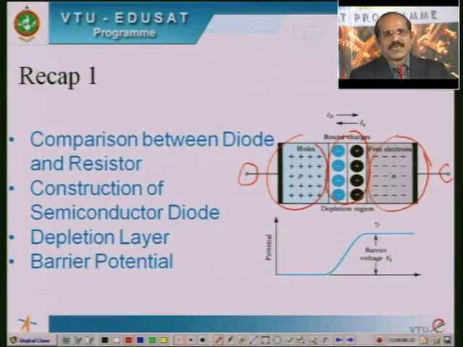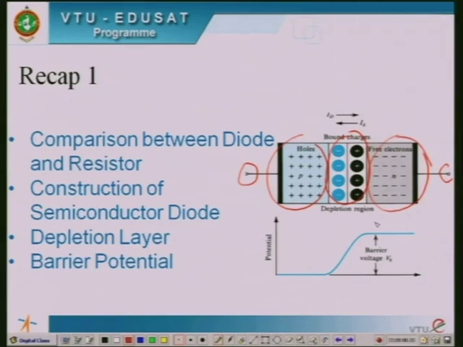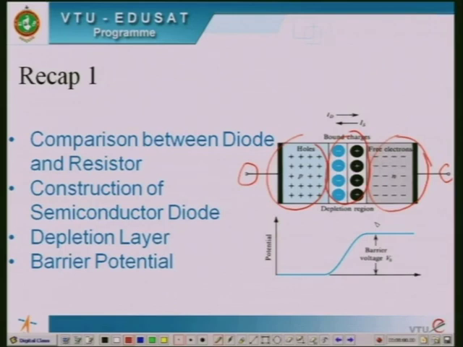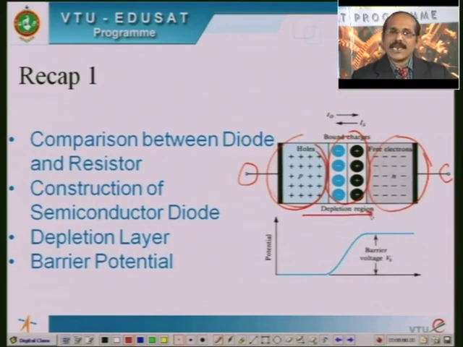We also discussed how the depletion layer is formed when there is no battery connection. Under no bias conditions, the holes will move from the P type to N type, whereas the electrons will move from the N type to P type. When the holes move to N type, they neutralize the electrons. Similarly, when the electrons move from N to P type, they neutralize the holes.